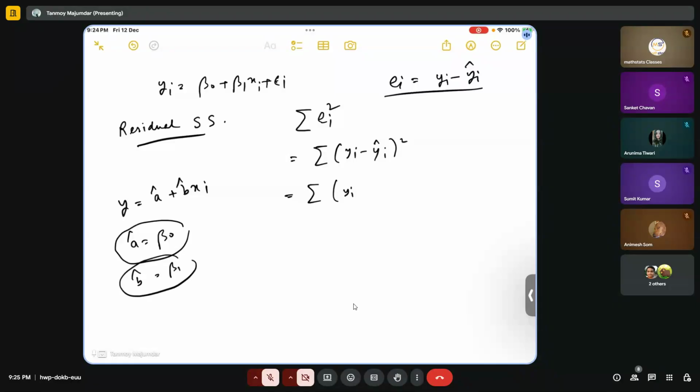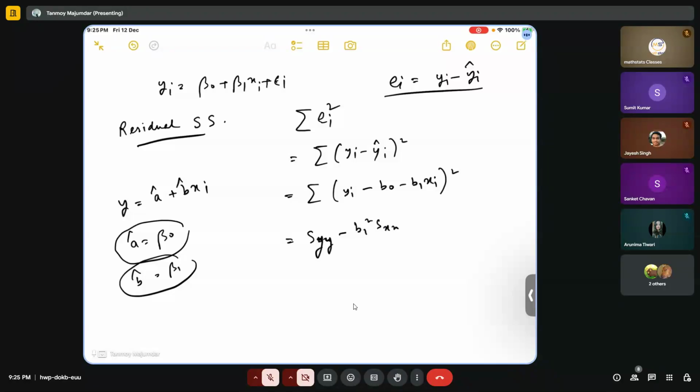So if we use that term, we will get b naught minus b1 x. So that term becomes the sum of squares. Ultimately that term will become sxx minus b1 square sxx. Sorry, or you can write syy.